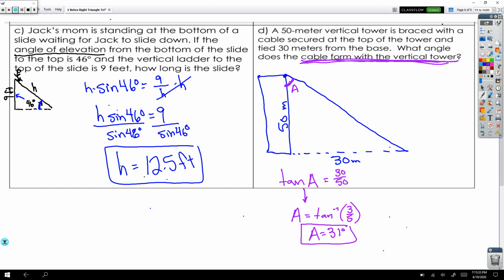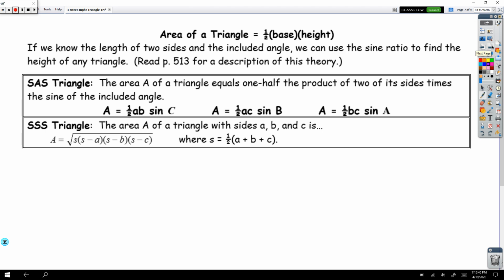Now, the last thing we're going to talk about today real quick is area. Now, you guys are used to area of a triangle as 1/2 base times height. But we don't always know the base and the height. So when we have certain types of triangles, we have these different formulas.